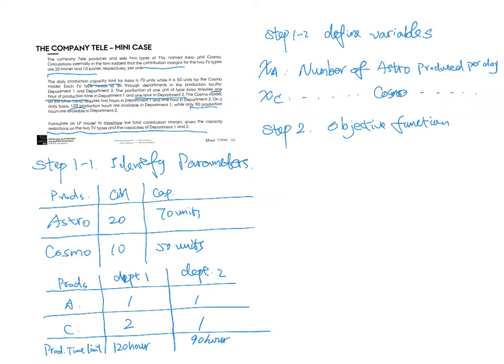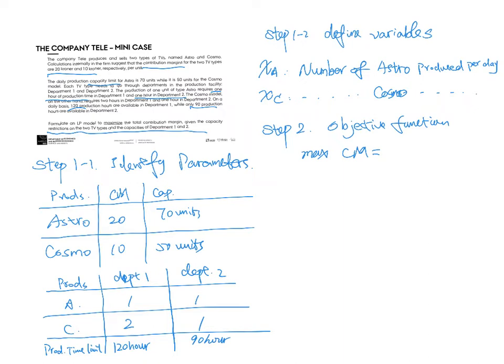So the two things to think about: if your problem is to maximize something or minimize something. Here in our question, we would like to maximize. So we write maximize the contribution margin, CM. So it's the total contribution margin for two types of items.